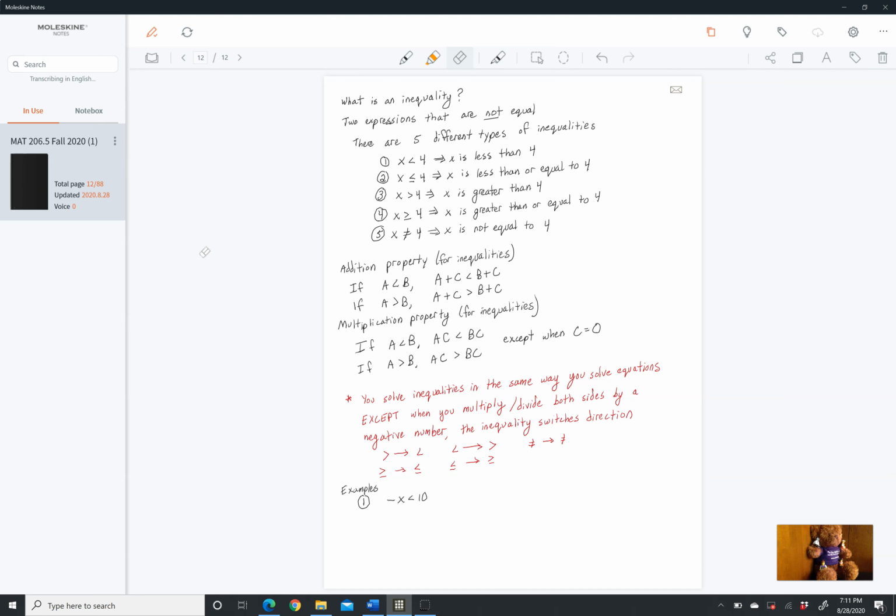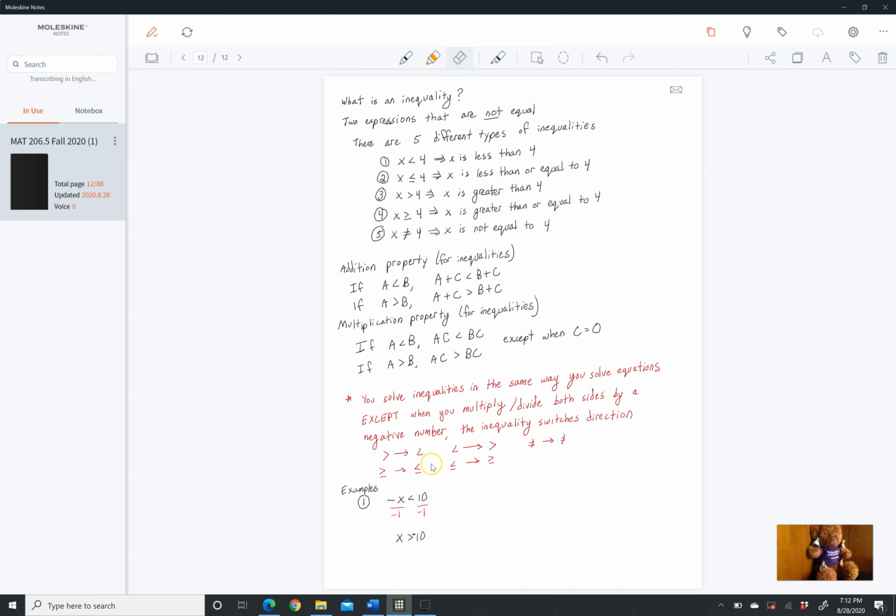We can divide both sides by -1, since there's an invisible 1 in front of the x. That makes the x positive, and our answer becomes x is greater than -10. If negative x is less than 10, then x has to be greater than -10.